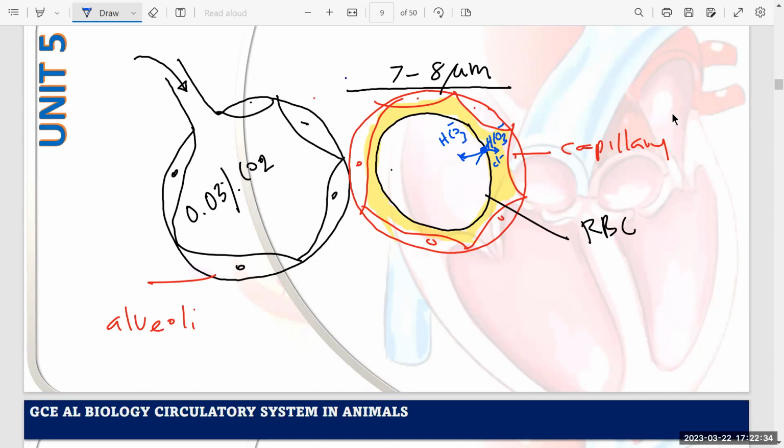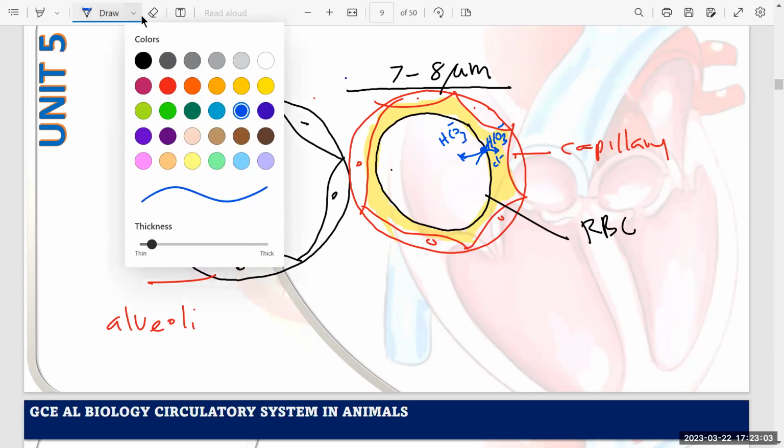Okay, now what is the main duty of hemoglobin at this place? Hemoglobin should take oxygen. The main duty in the lungs is to take oxygen to the hemoglobin. It has a very strong attraction to oxygen because the oxygen concentration is quite high.